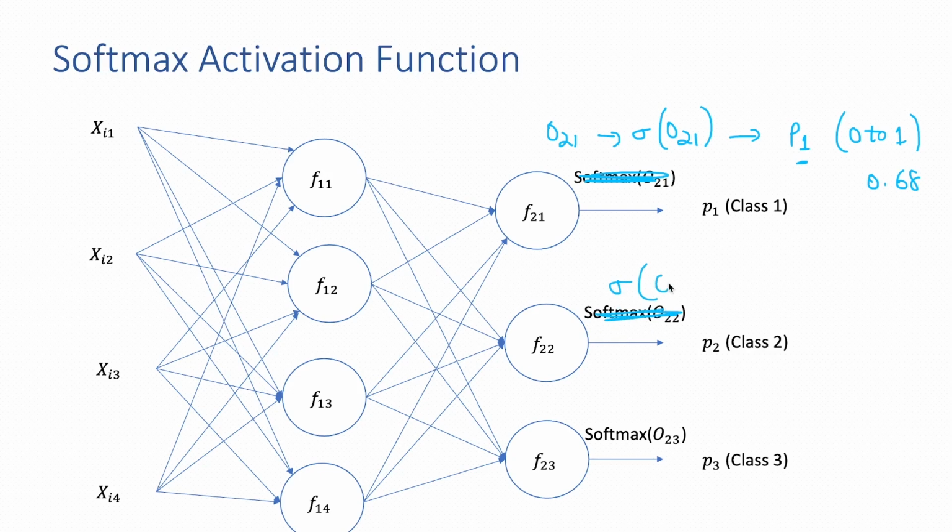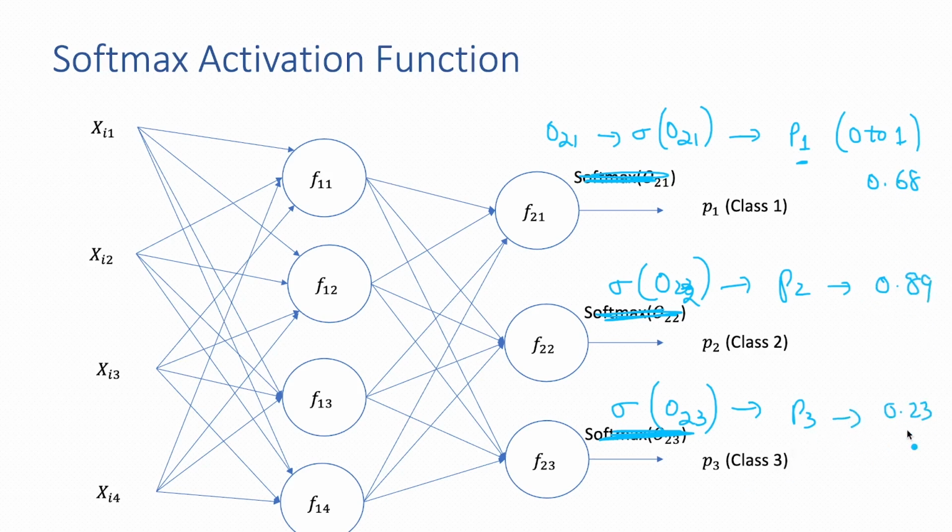Similarly, sigma of O23, at every individual neuron in the output layer, instead of presenting all of these logit values to the softmax function, I am passing individual values to the sigmoid function, which generates these probabilities P1, P2 and P3, which again range between 0 to 1. So this P2 could be 0.89 and this P3 could be 0.23.